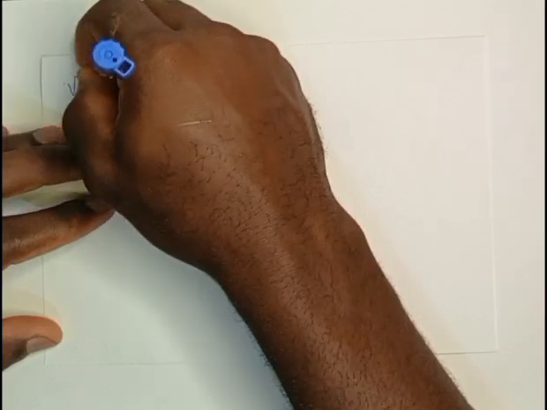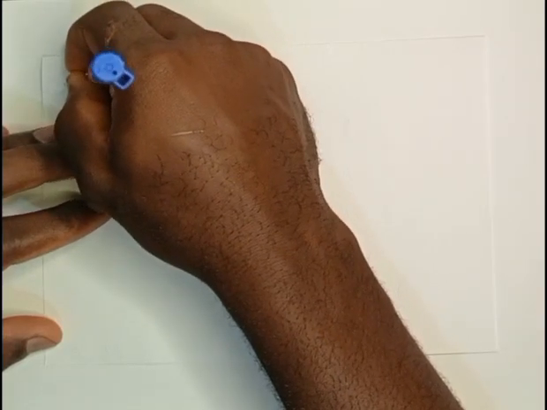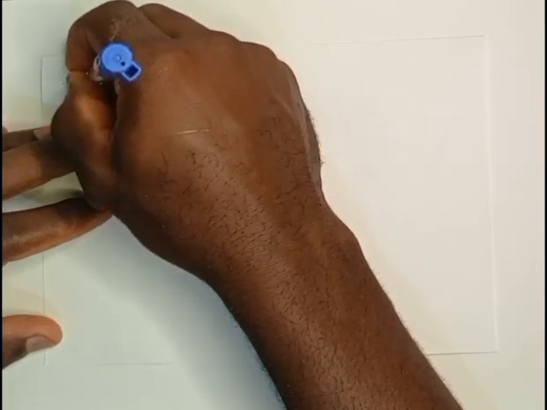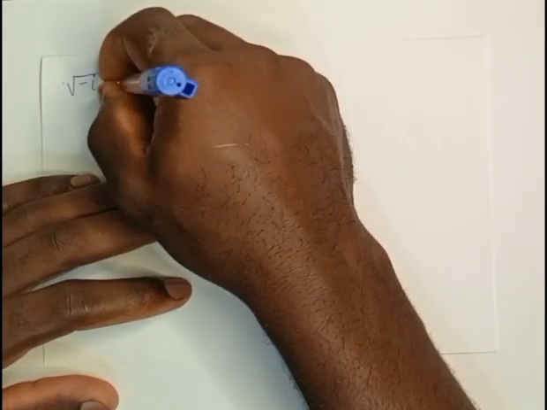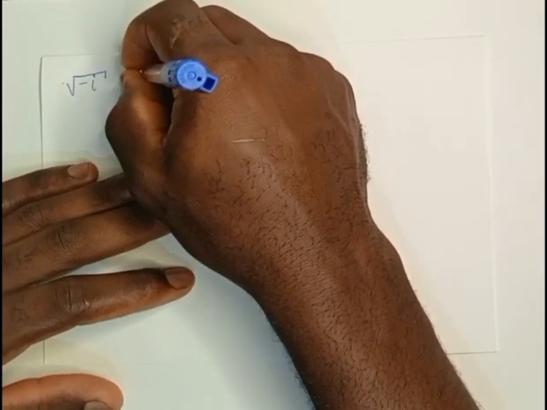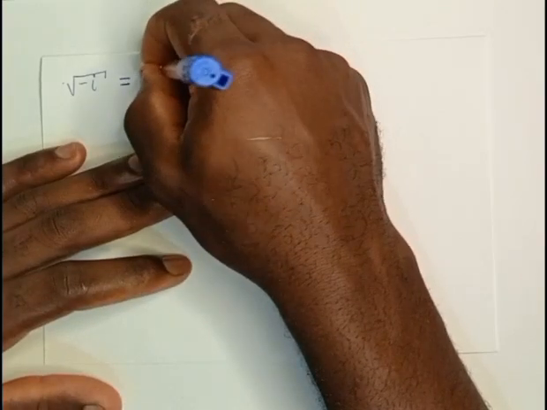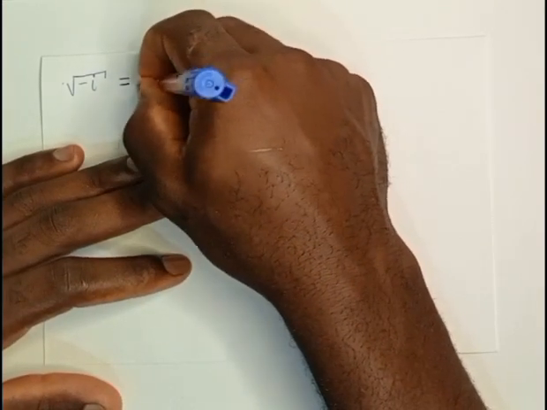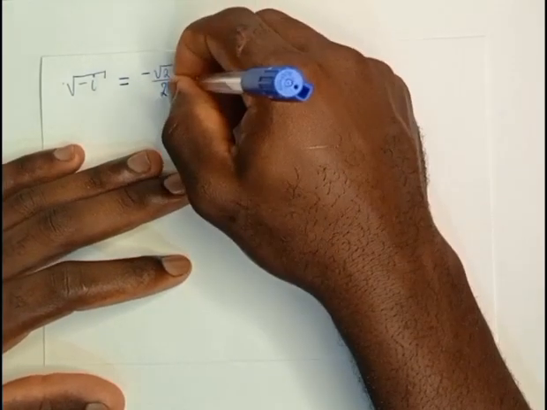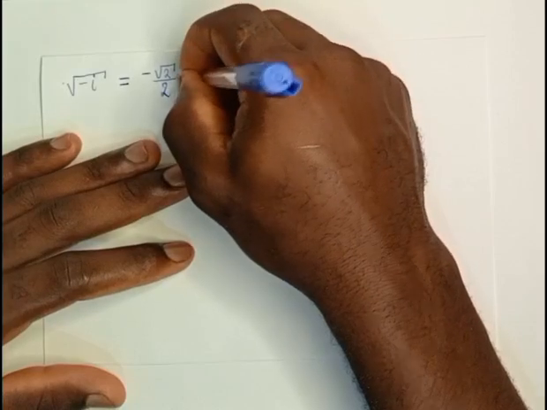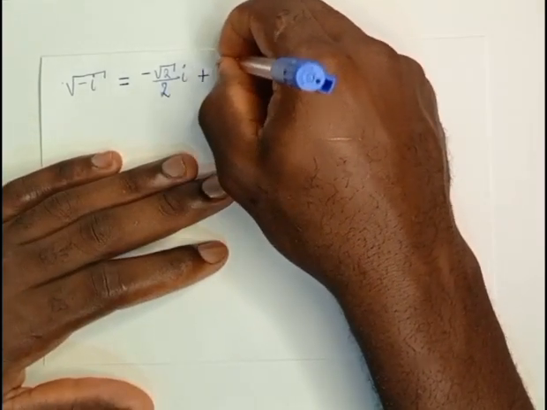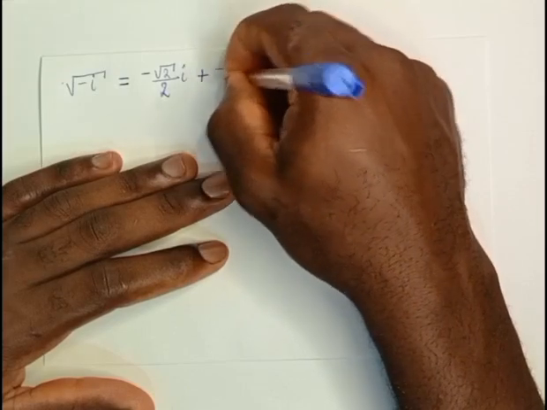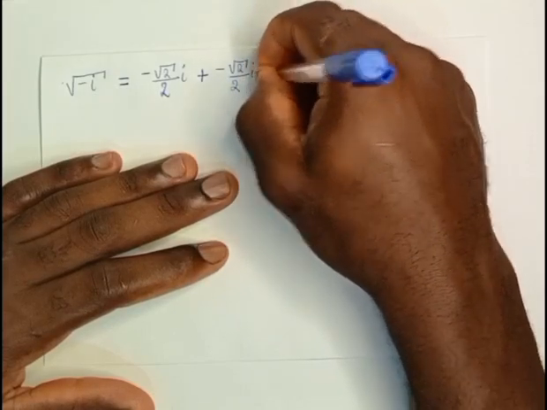We have the root of negative i to be equal to, we are going to replace a and b. We have a to be negative root 2 over 2 plus ib. b is negative root 2 over 2 i times i.